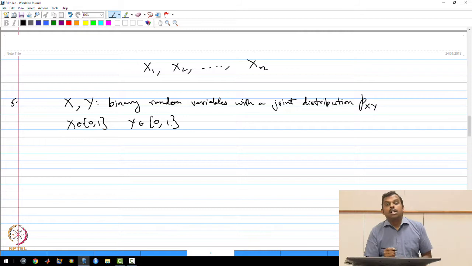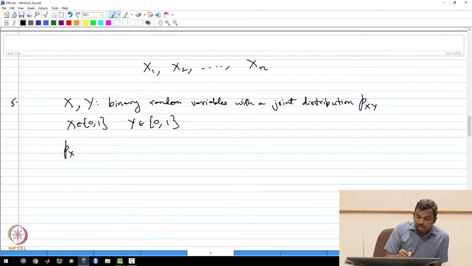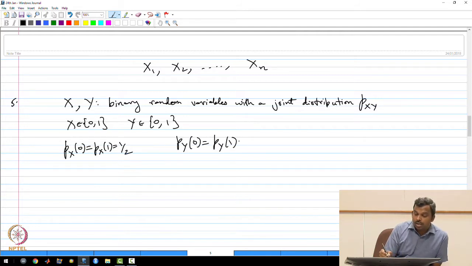I'm going to say I know the marginals of these two random variables. What do I mean by marginals? I know px of 0 and px of 1, let's say, is uniform. I know this is half. And likewise, I know py of 0 and py of 1 are both half. So marginals are known.